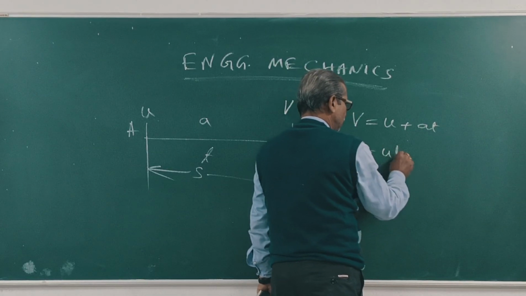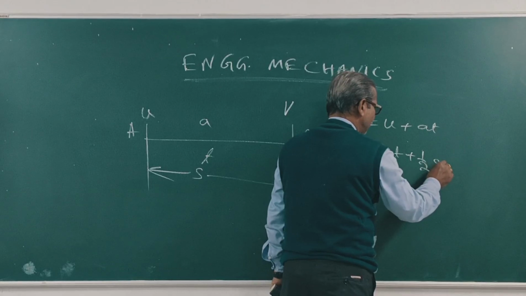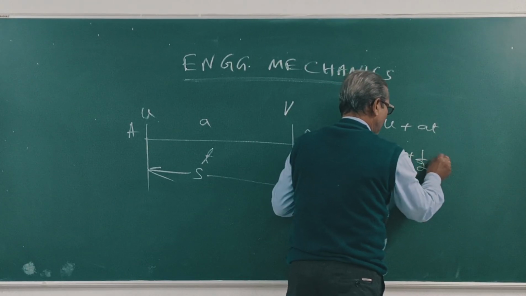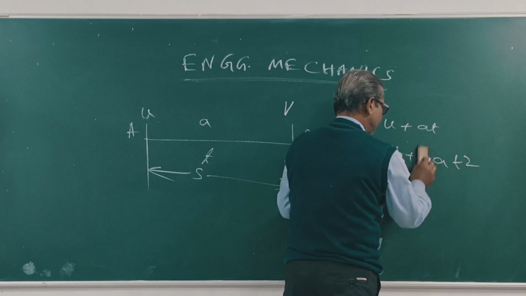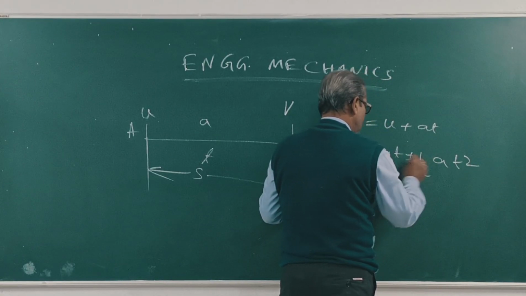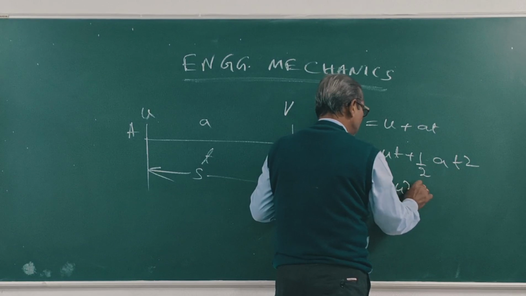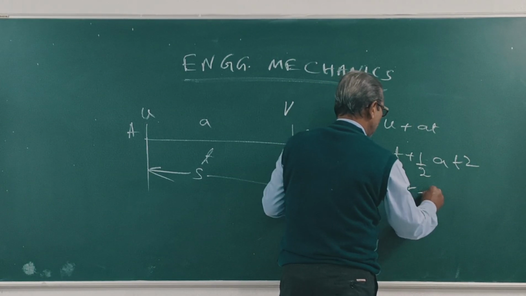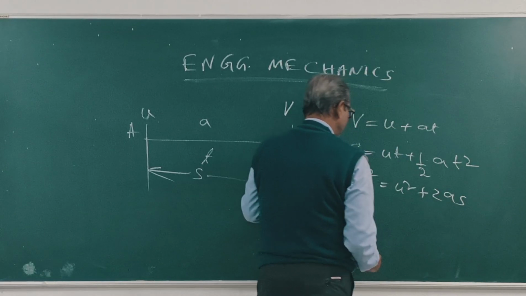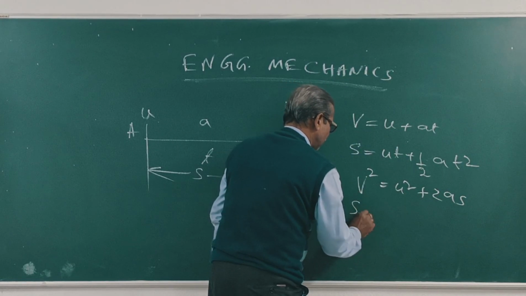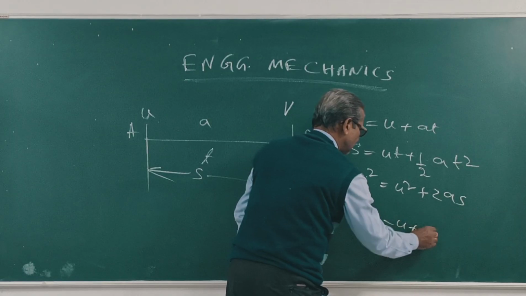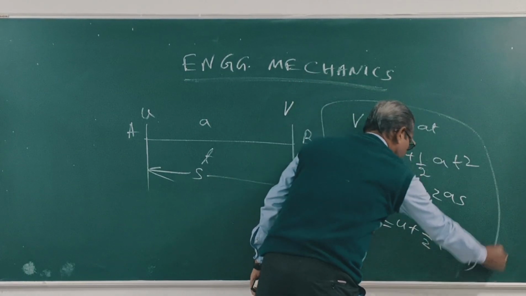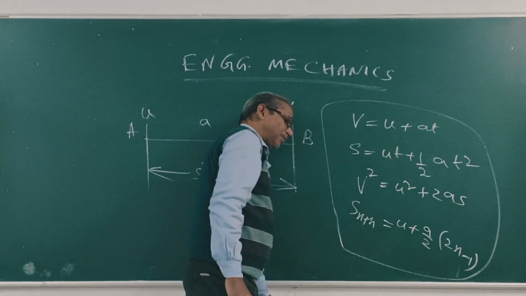What is s equal to? s = ut + ½at². Clear? v² = u² + 2as. And s_n = u + (a/2)(2n − 1). Clear? These formulas I have already told you.